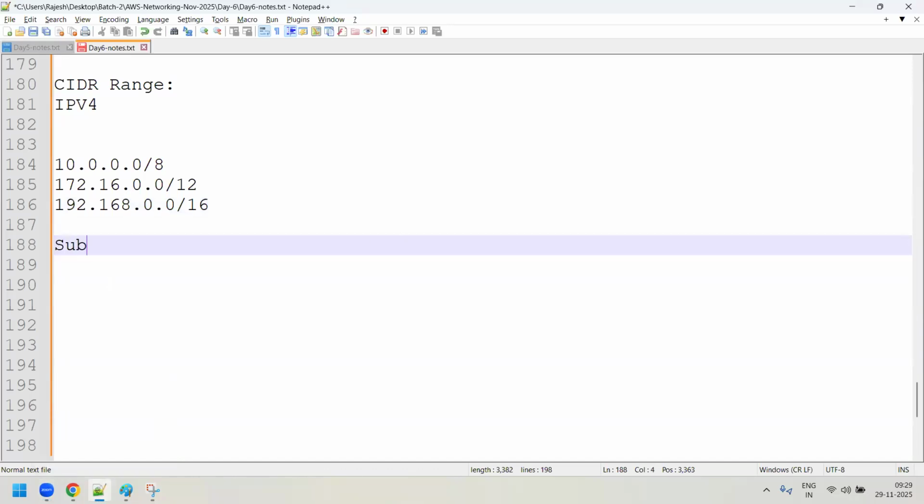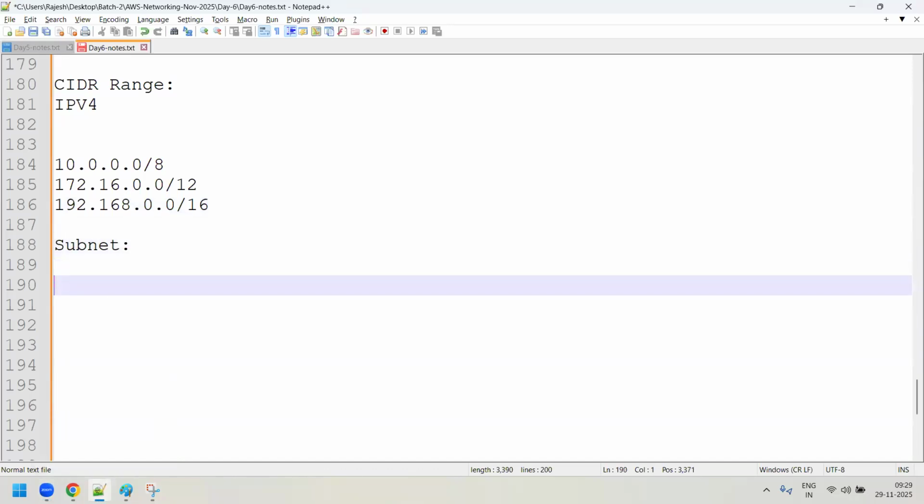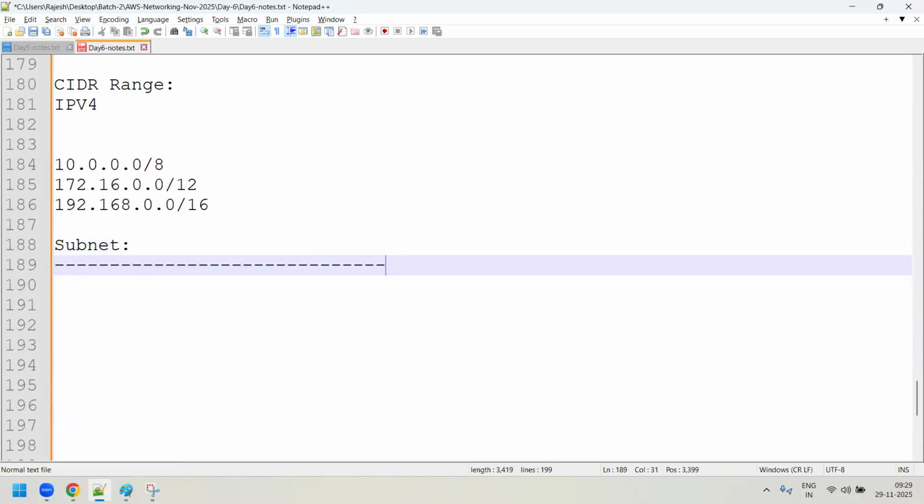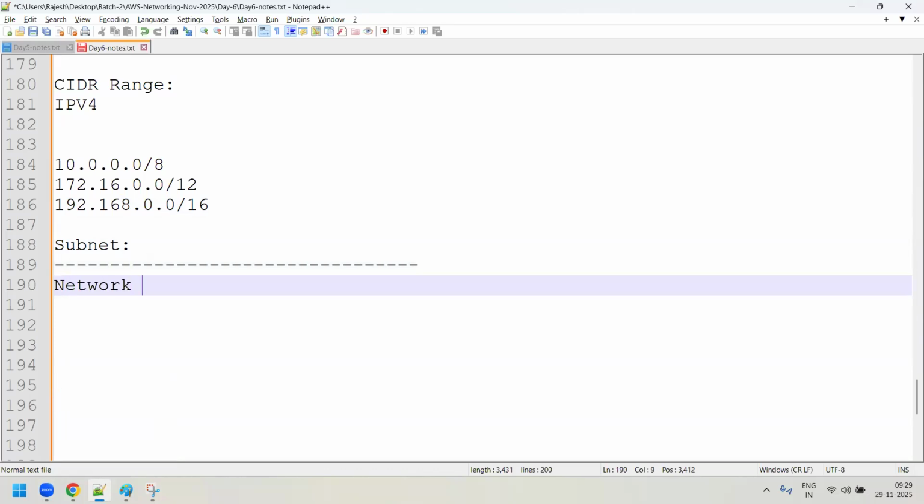Okay, what is subnetting? What is a subnet actually? See, a subnet is something like your network being divided into multiple smaller networks, called subnets.